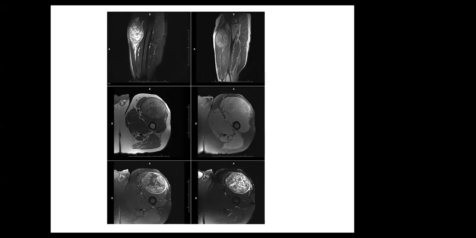Multi-sequence, multi-planar MRI shows a well-defined fusiform heterogeneous hyperintense lesion seen in the anterior compartment of the thigh. Also the subcutaneous layer with heterogeneous intensity and fusiform in shape.